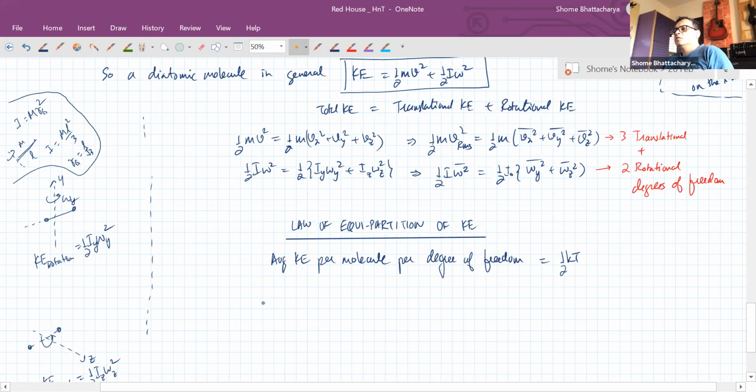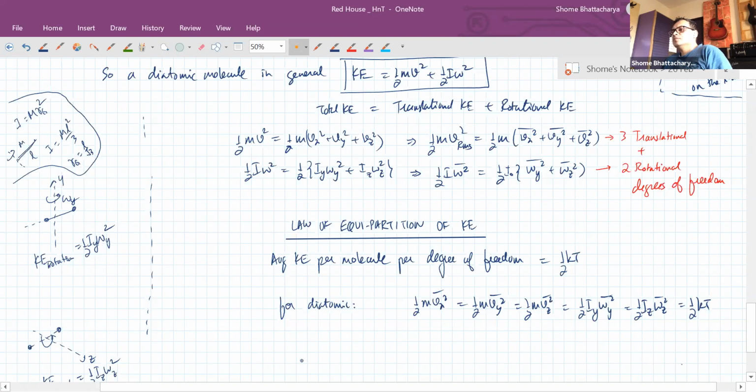So therefore, for a diatomic molecule, half m Vx squares average is equal to half m Vy squares average is equal to half m Vz squares average is equal to half Iy omega y squares average is equal to half Iz omega z squares average is equal to 1 by 2 kT. Okay.